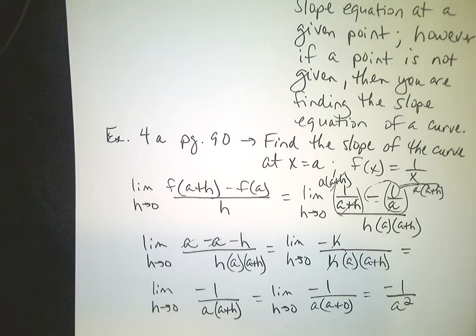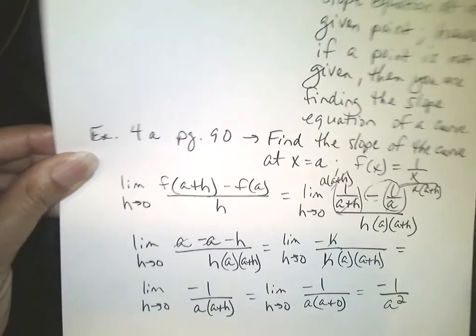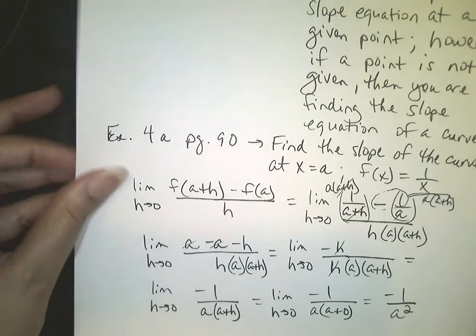Okay, now let's do a problem where we are actually given a point to find the slope and see how that comes out differently. Let's look at example 3 on page 89.